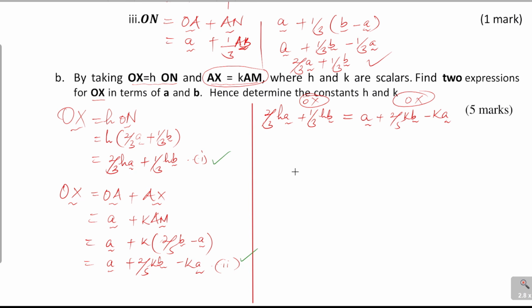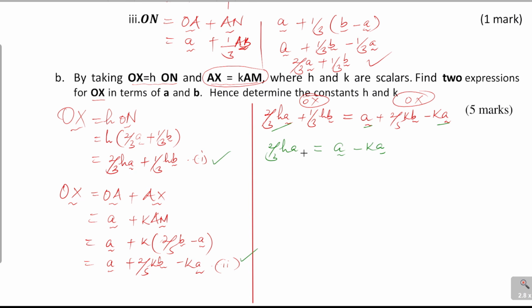Now from there, identify the terms containing vector A. That one contains A, that one contains A, and that one contains A. Equate them. From the left hand side, the term containing A is 2/3 HA, and we equate that to the right hand side, where we have A and then minus KA.